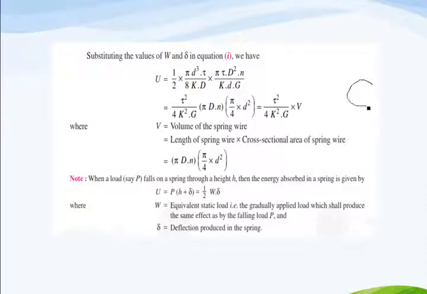See, this is one coil; if you cut it here and open the coil, it will be a line, and this area will look like this. There will be some thickness, right? This length will be pi into D.